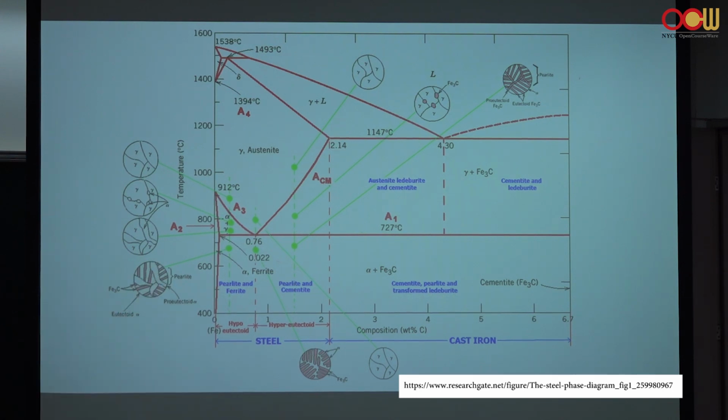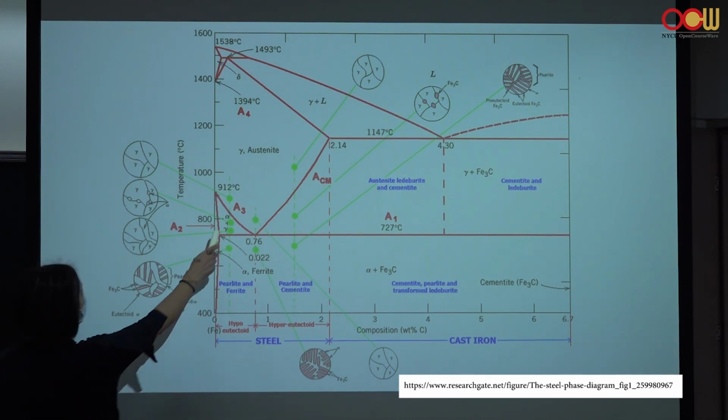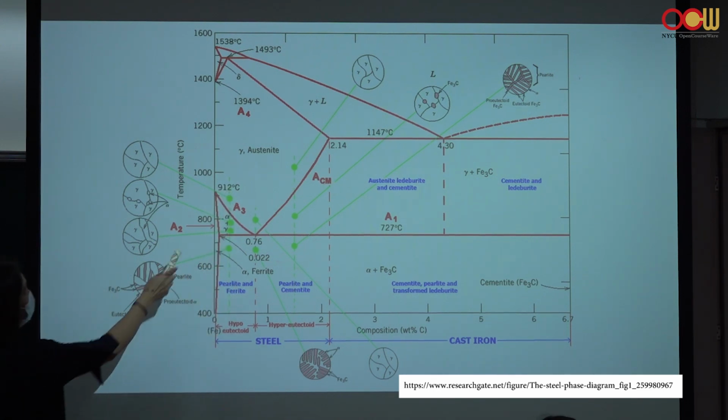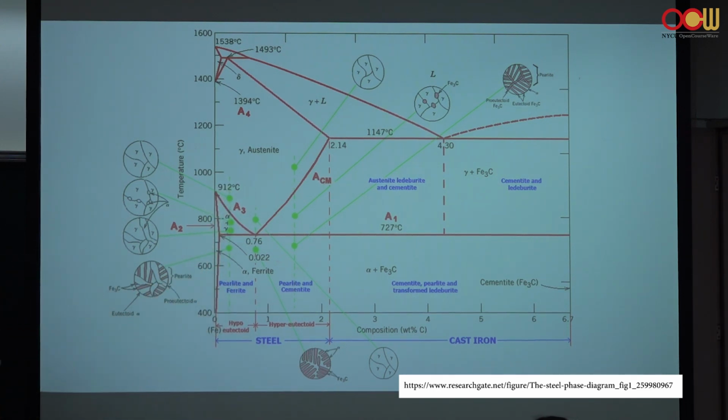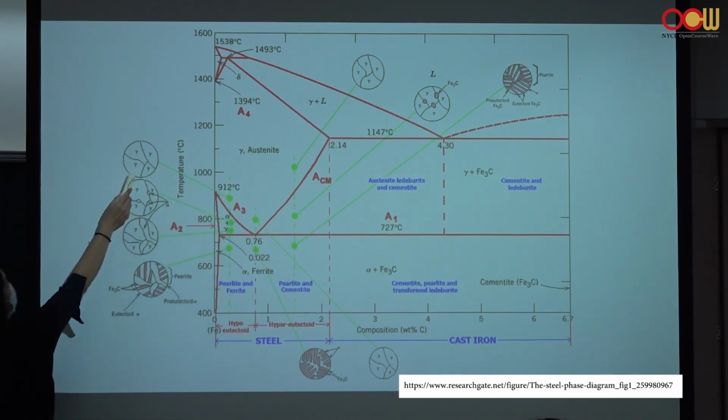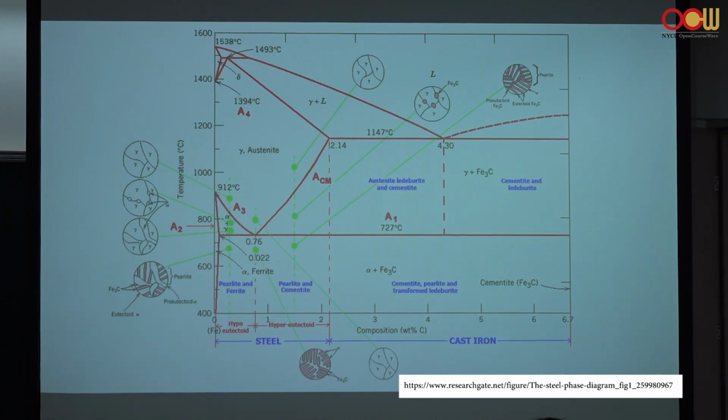So let's say you have something that happens along this green line right here. You start at 912 degrees Celsius, you look under the microscope, and you would expect to see 100% austenite because that's the phase that is present here. You see grains, and they're all austenite grains.